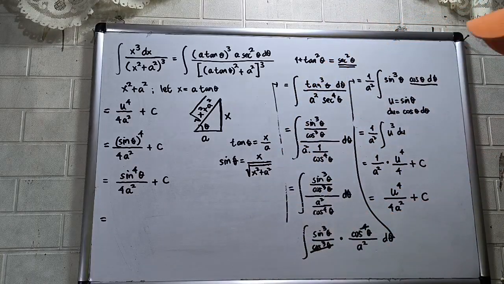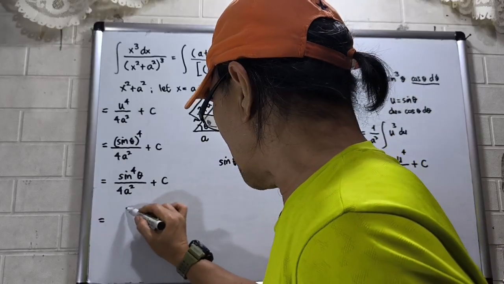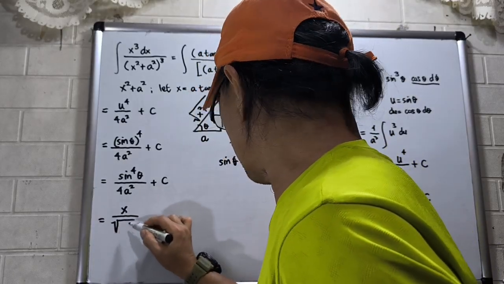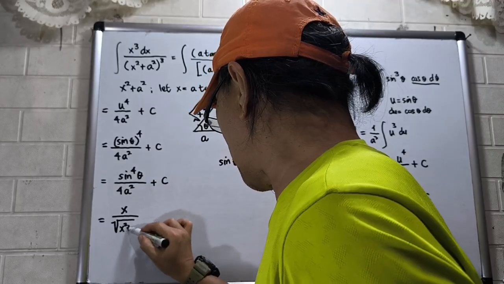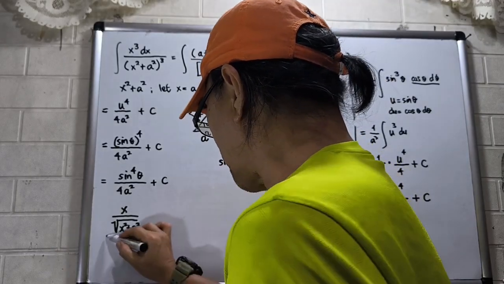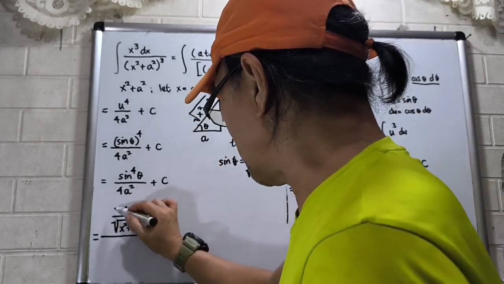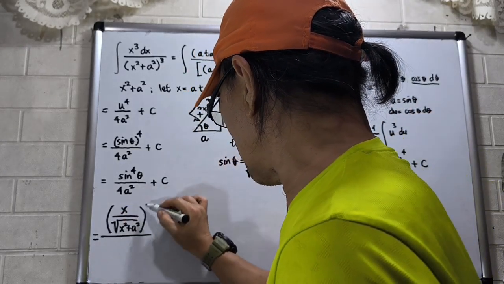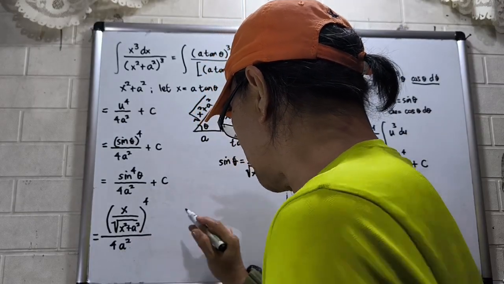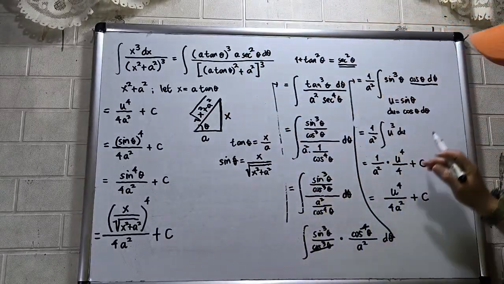So this will be sine, right? So x over square root of x squared plus a squared. So take note, this is to the fourth, then over 4a squared, then plus c. Okay?